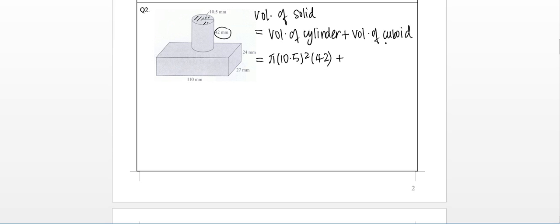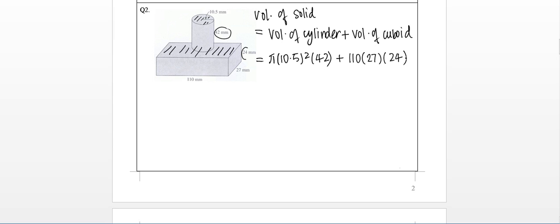What is the volume of the cuboid? If I let this be the base area of this cuboid, then you can see that its height is 24 mm. So the volume is length times breadth times height.